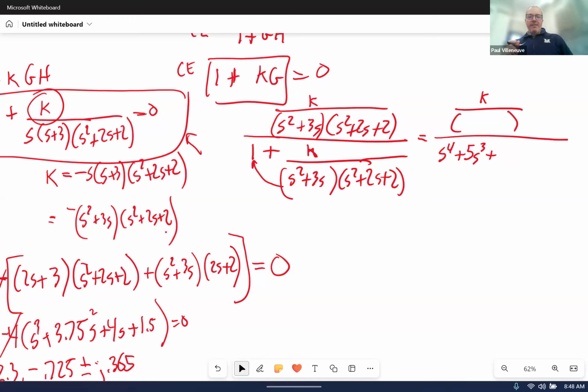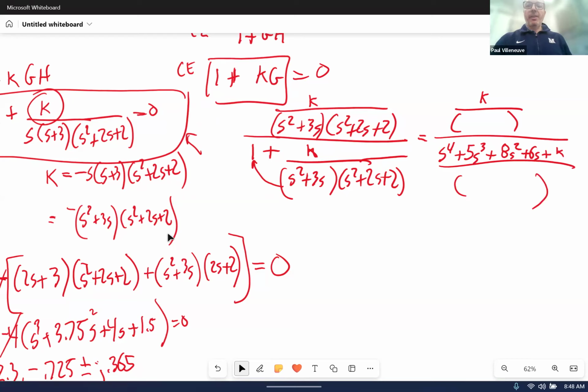So I have 6S squared plus 2S squared, and that's it. 8S squared, if I did that correctly. And now I have 6S, and that's it. And then that's multiplied out, and that becomes plus K, my last term. And that is all over this denominator.